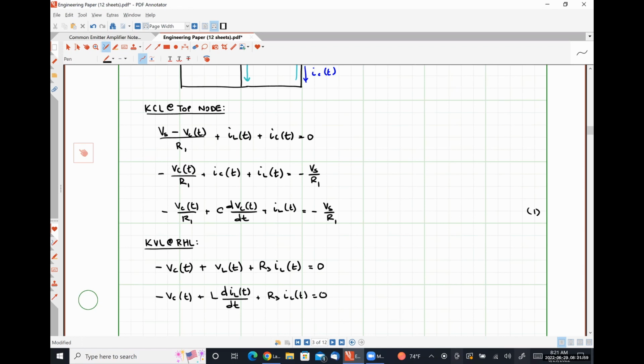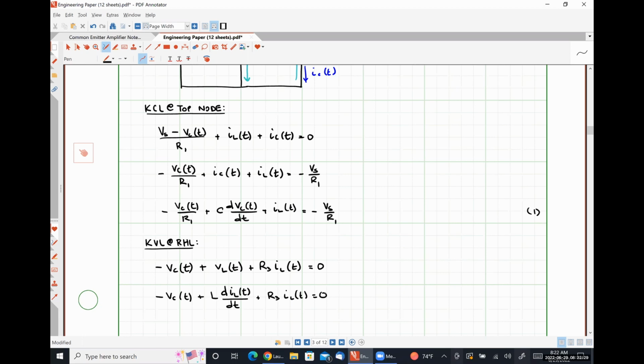Or do I isolate this second equation from my KVL at the right-hand loop, where I can isolate VC and express VC in terms of only my inductor current? Either way is going to get me the exact same differential equation. It's just one is going to be in terms of my capacitor voltage and the other in terms of my inductor current. It does not matter which one we choose.